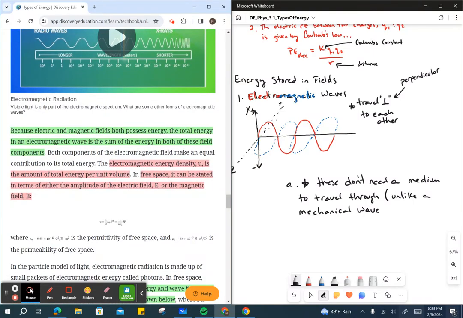Because electric and magnetic fields both possess energy, the total energy in an electromagnetic wave is the sum of the energy in both of these fields.